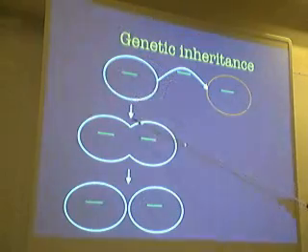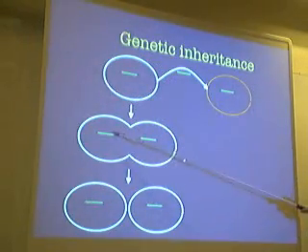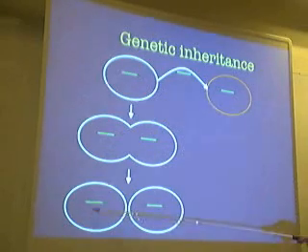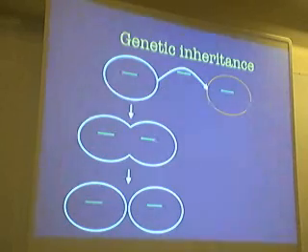So we have a cell here, and normally it will divide into two daughters, like this. Each of the daughters will receive a copy of the genetic information, the DNA, and that's what we call vertical inheritance. That's the same thing as what happens when we produce children. So that's the normal way of transferring information.